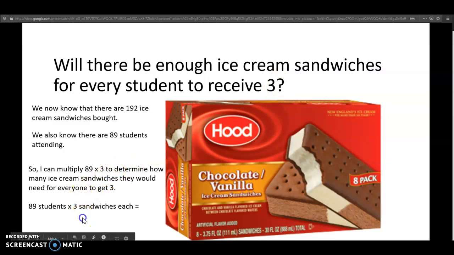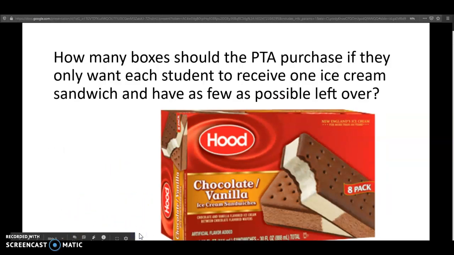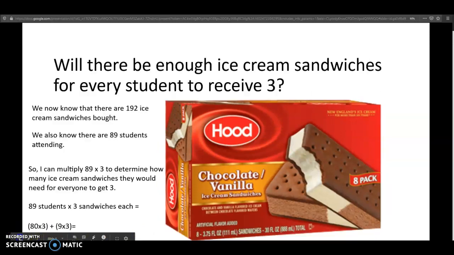89 times 3, I broke it up the same way, using the same strategy, but at this point you could use whatever. If I do 80 times 3 and 9 times 3... I can't see my work down there. Oops, go back.